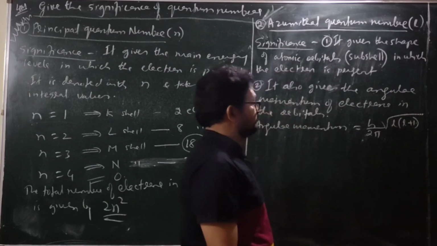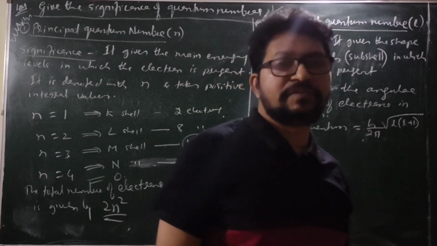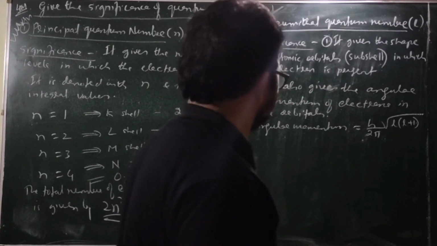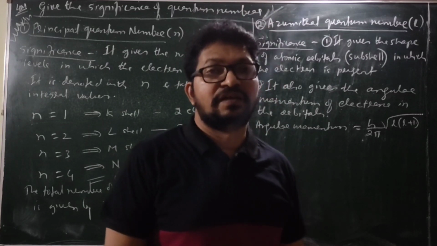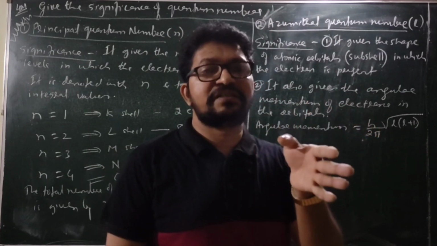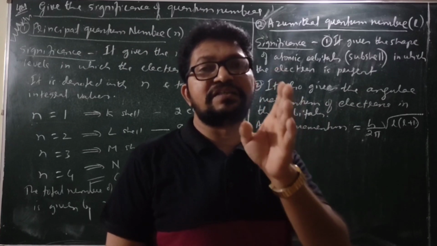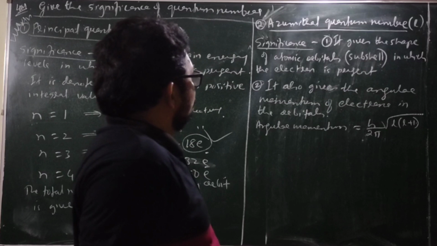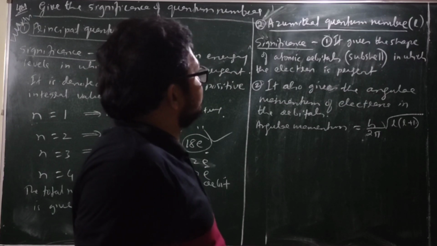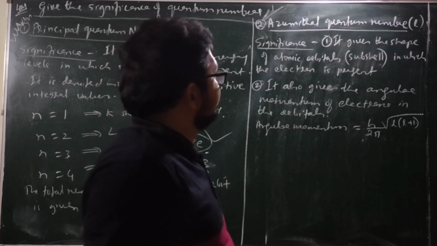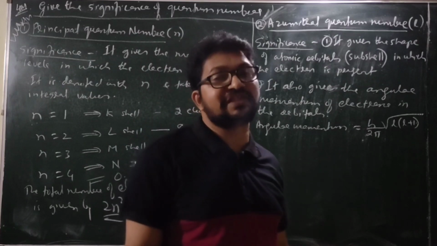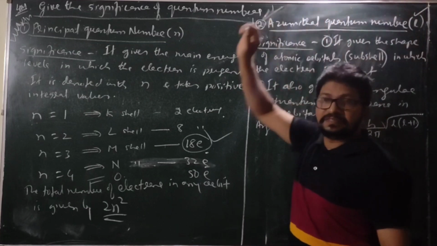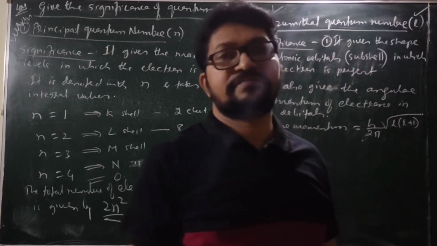This is the formula. h is Planck's constant, with the usual notation. The value is 6.626 into 10 raised to minus 34 joule second. So the azimuthal quantum number gives the shape of atomic orbitals. The notation is L.